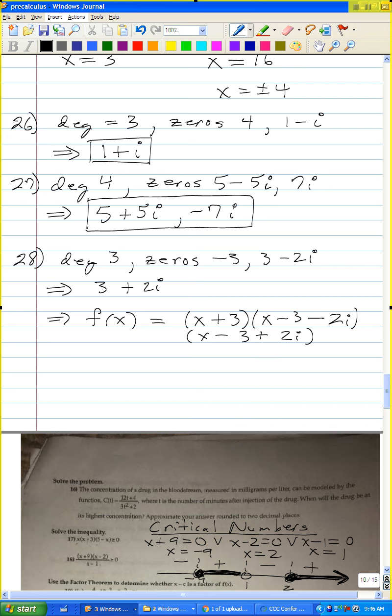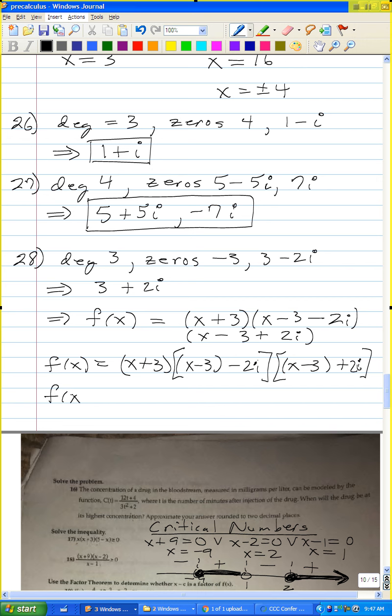Okay, so this is equal to, well, x plus 3 times x minus 3 minus 2i times x minus 3 plus 2i.